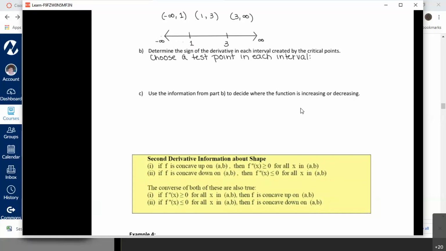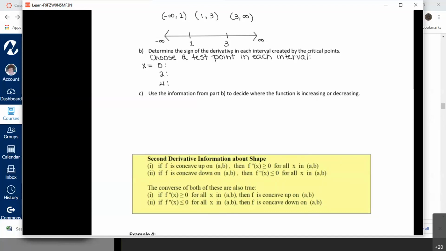So let's choose 0 in the first interval, from 1 to 3 let's choose 2, and from 3 out to infinity, choose 4. My strategy is to pick points that are easy to work with. So these are x equals points.